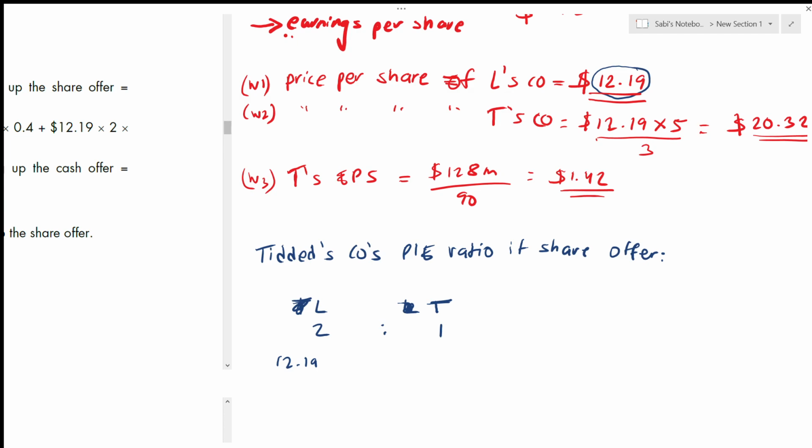So you have to multiply this by 2, because one share of L is 12.19, but two shares of L will be 12.19 into 2, which will be equal to one share of T company. This is your price per share. Price per share of T debt, right? By the way, this is for T debt, 12.19 into 2.